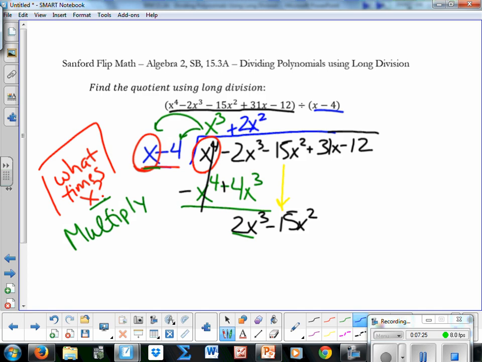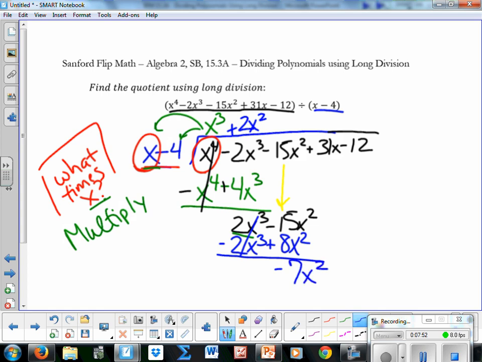So I write plus 2x squared up here. So 2x squared times my x gives me 2x cubed. And then I'm going to multiply by the second part again. So minus 8x squared. So here we go again. Opposite, add, cancel. Negative 15x squared plus 8x squared gives us 7x squared.